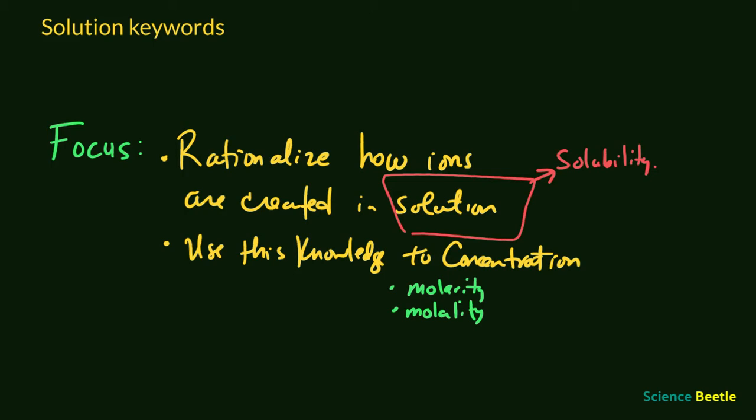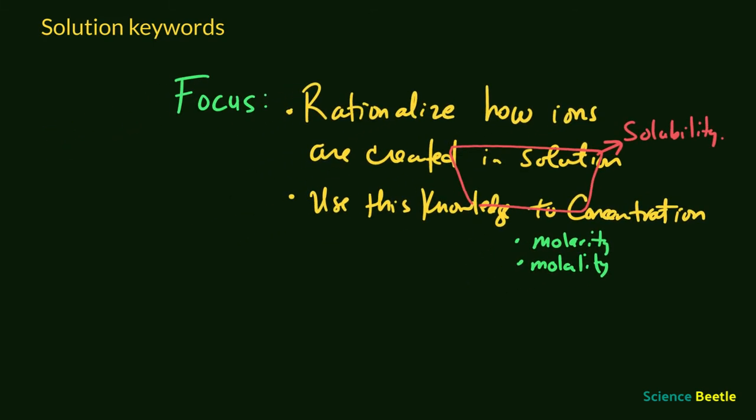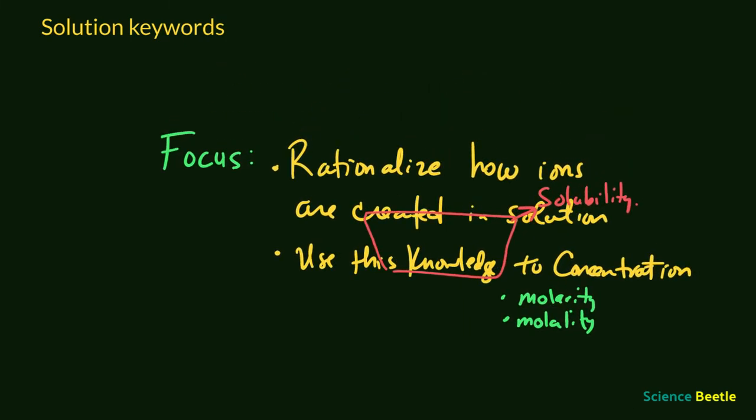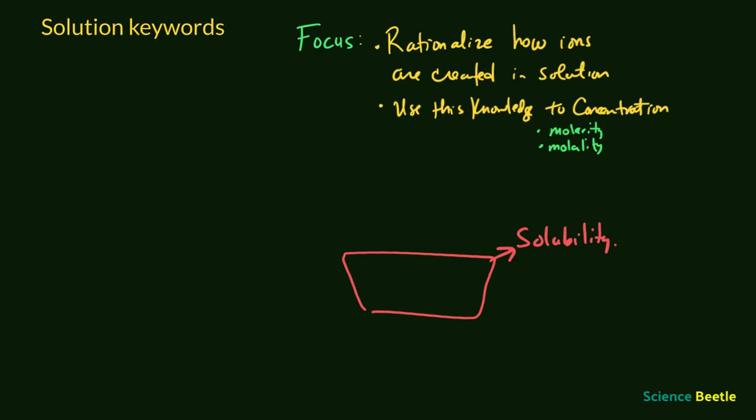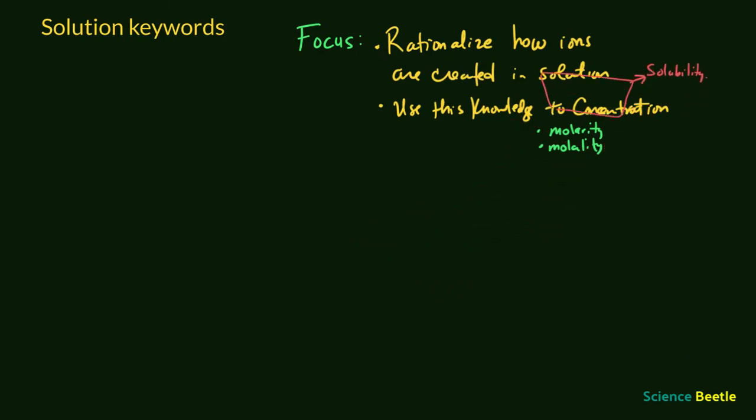Okay, and so for that, let me just move some of this over here to the side. Here, let me just do this, move it over here, and then I'm going to go ahead and move this as well. Okay, and so the main thing that I want to talk to you a little bit about here is some of the key words. And so some of the key words in this section are the following.